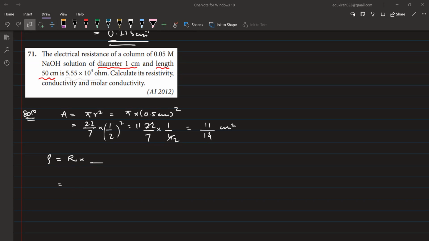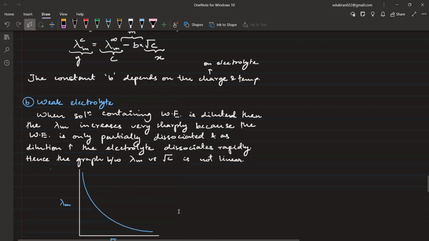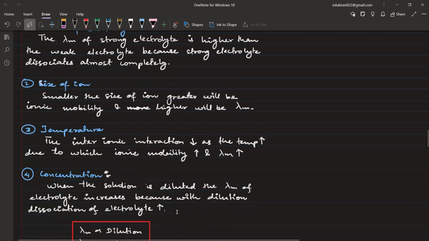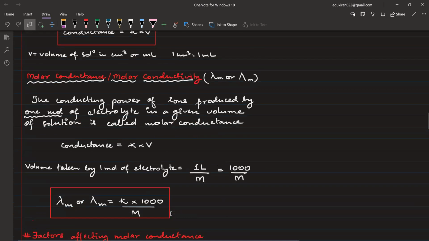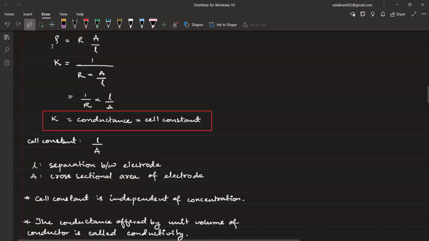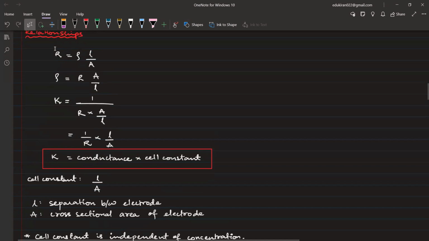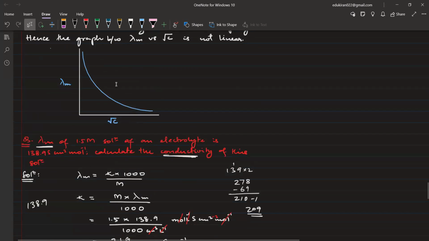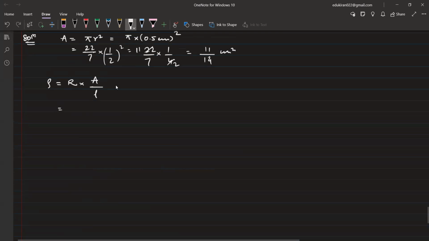A upon L होता है. This is A upon L, not L upon L. ऊपर क्या लिखा था? ऊपर भी गलत लिखा था क्या हमने? नहीं, ऊपर सही लिखा। Resistance is equal to ये होता है ना?